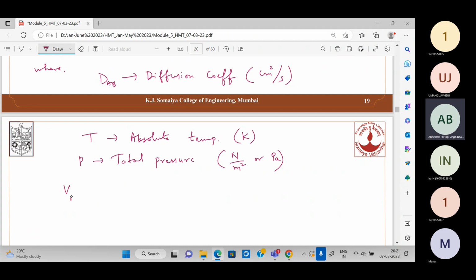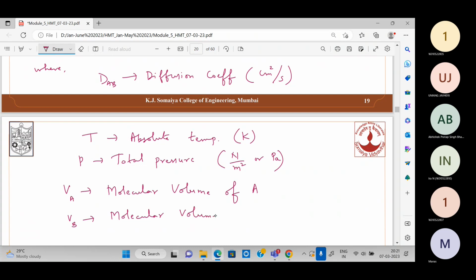What is VA? VA represents the molecular volume of component A, and VB represents the molecular volume of component B. Now, what are MA and MB in this expression?